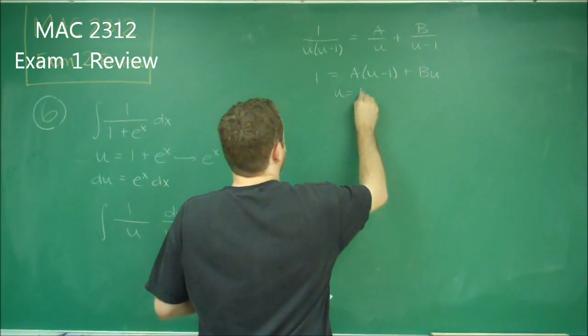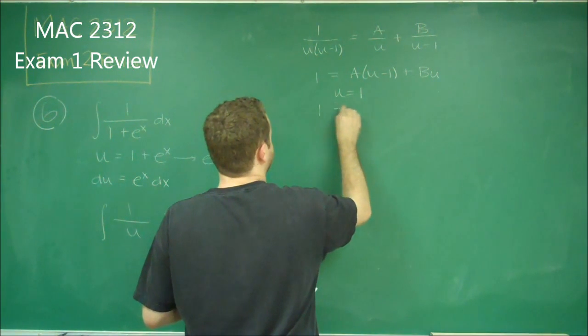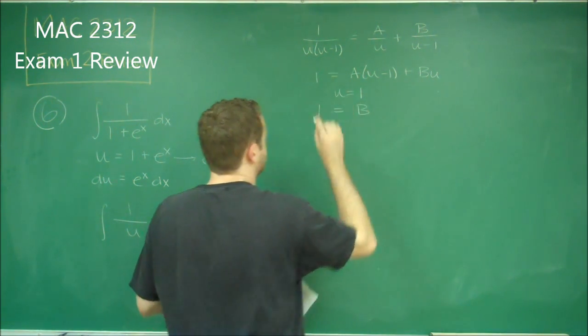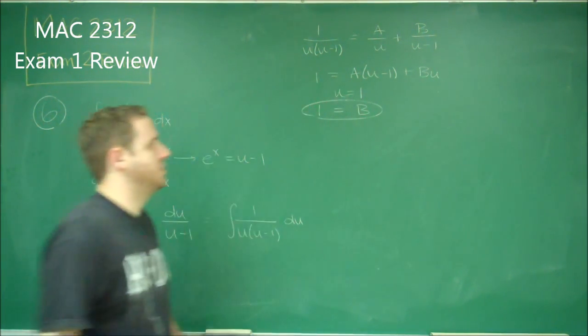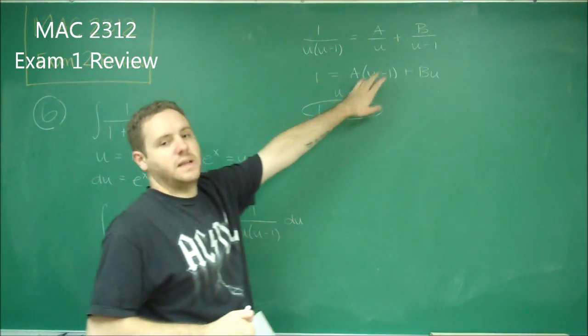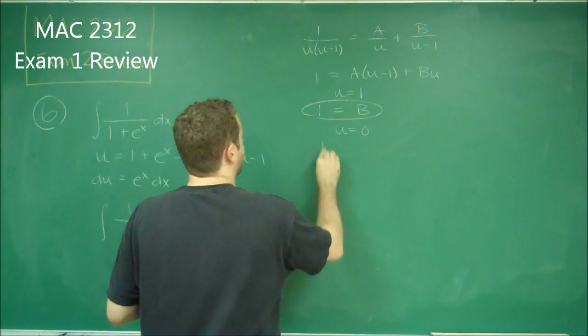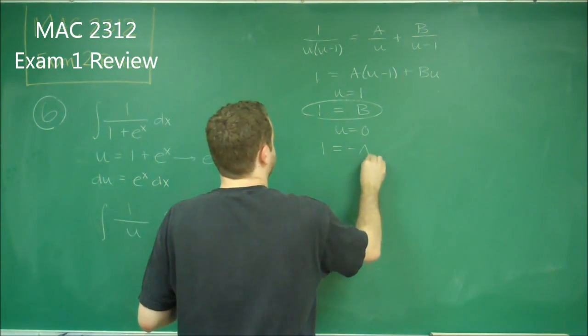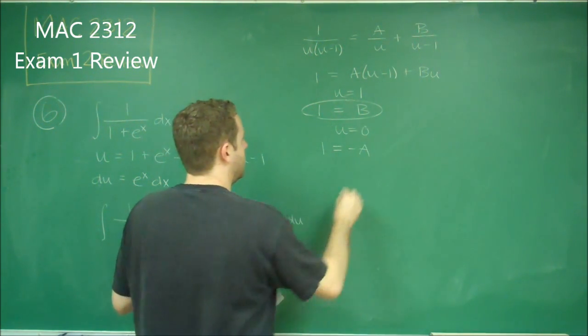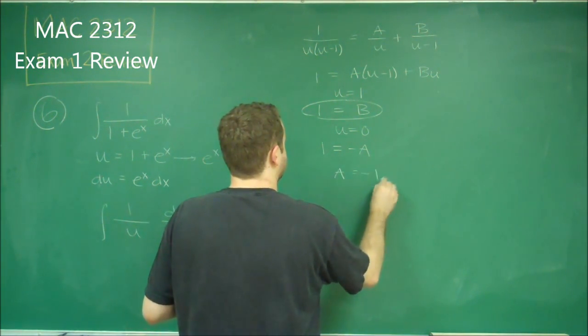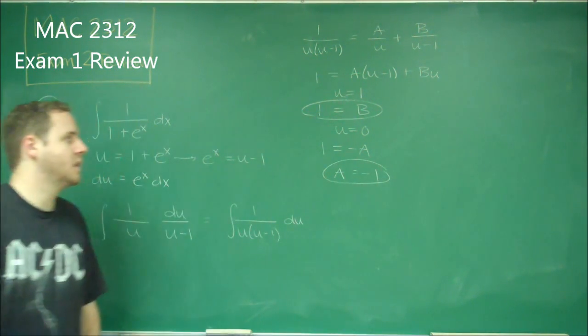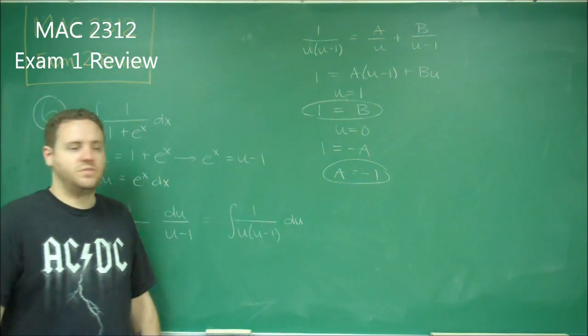If u equals 1, we get 1 equals b. That was simple enough because this part canceled out. If u equals 0, we get 1 equals negative a because this would cancel out, which means a equals negative 1. So solving for a and b there, very simple.